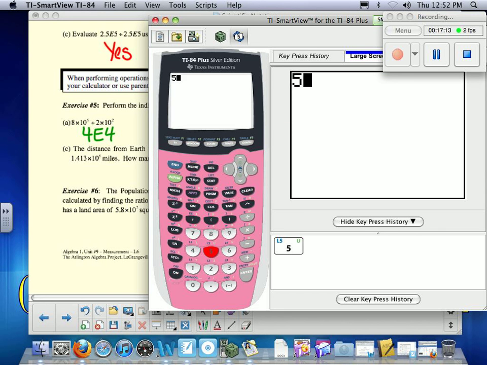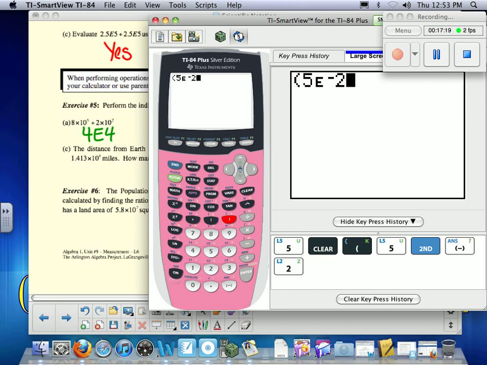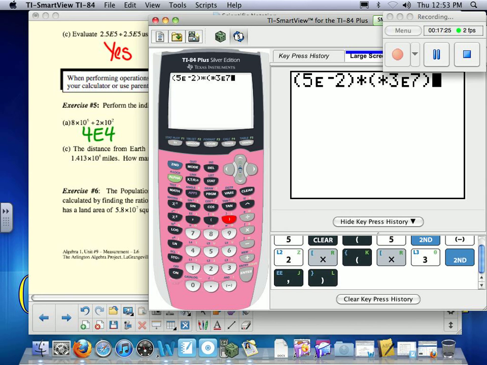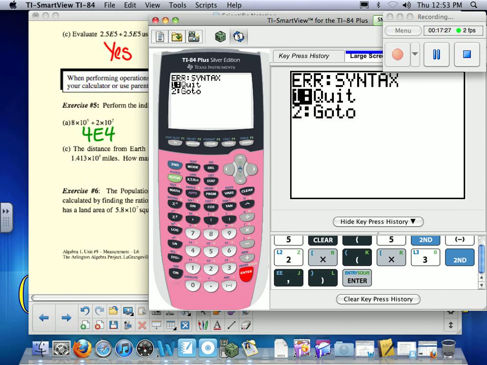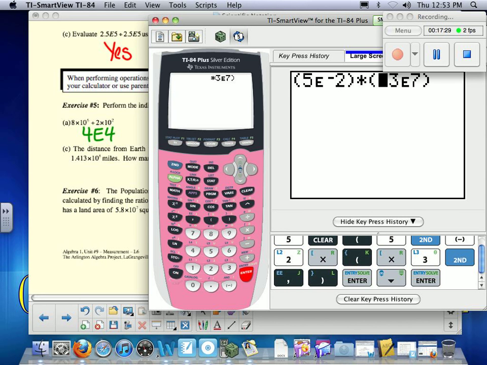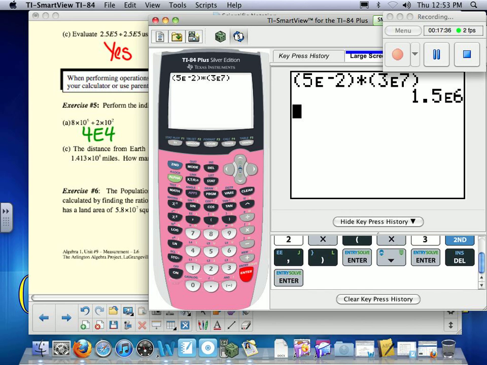Well, it's multiplication, that's probably why. Oops, so what did I do wrong? Oh, yep, that's what I did wrong. And again, it wants a scientific notation answer.